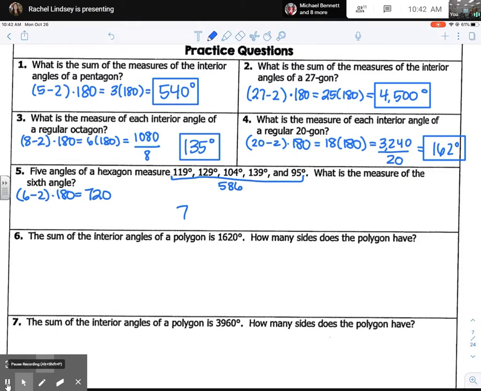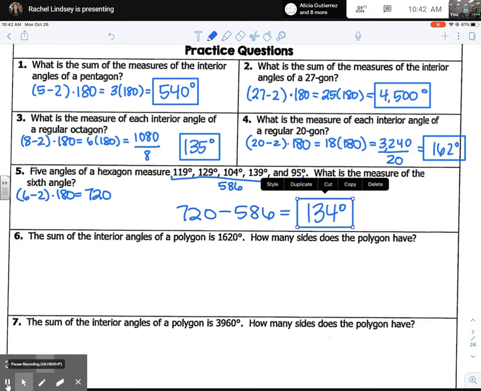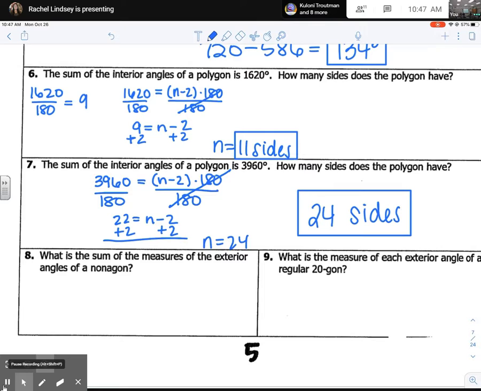So 720 minus 586 will give you your answer. And y'all said it was 134. So on those two, you're just working backwards.